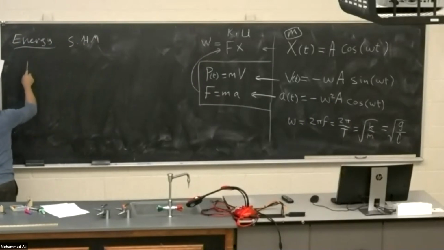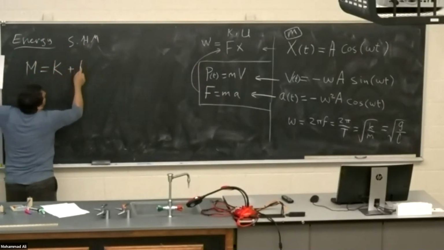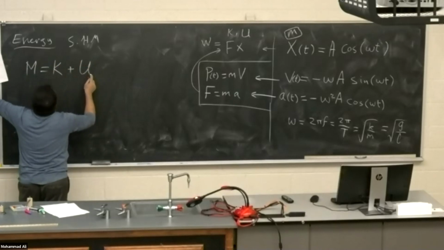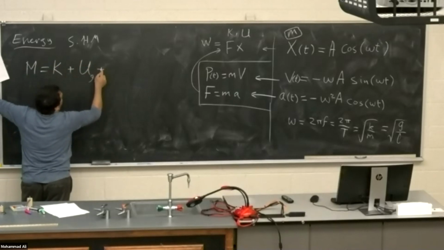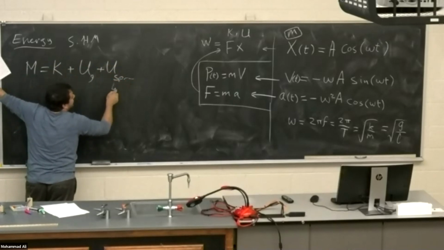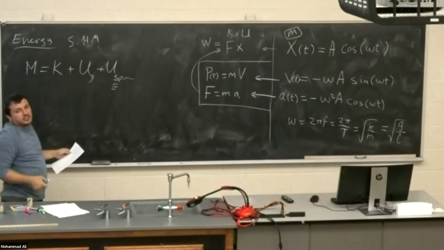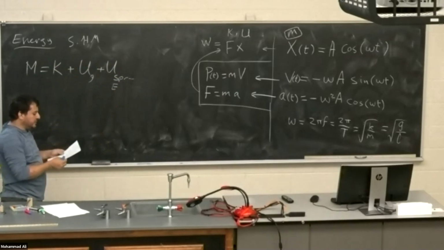As you know from before, the mechanical energy is equal to the kinetic energy plus the potential energy due to gravity, for example, plus the potential energy due to the spring, or elastic potential energy. Okay.